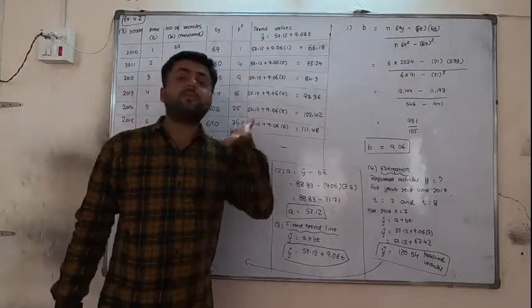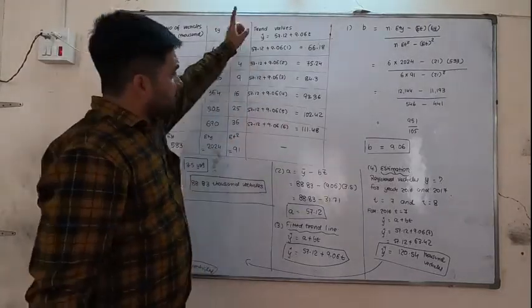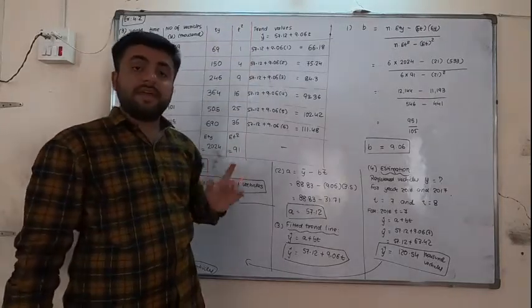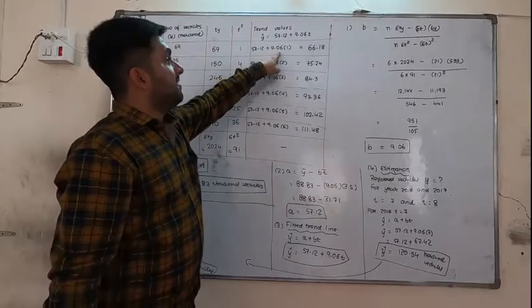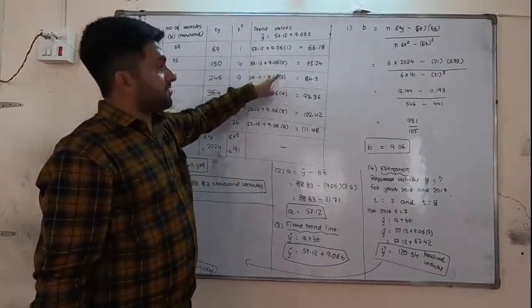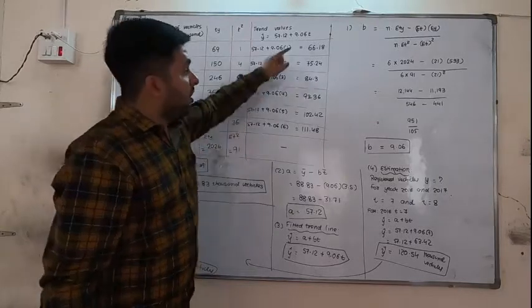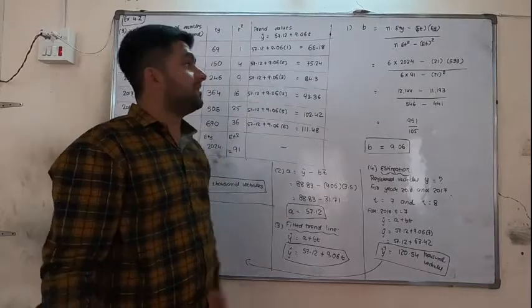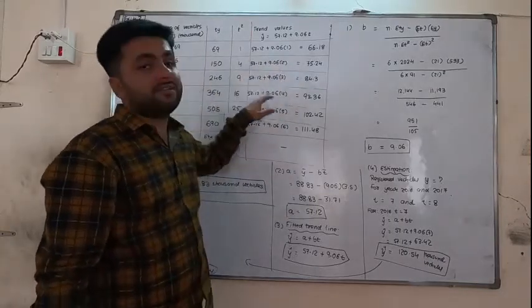Now I have one more trick. In each you can see we are always adding 57.12, and the only change is this t, which is multiplied with 9.06. So all these values will have a difference of 9.06 only, because it is multiplied with 1, with 2, with 3.